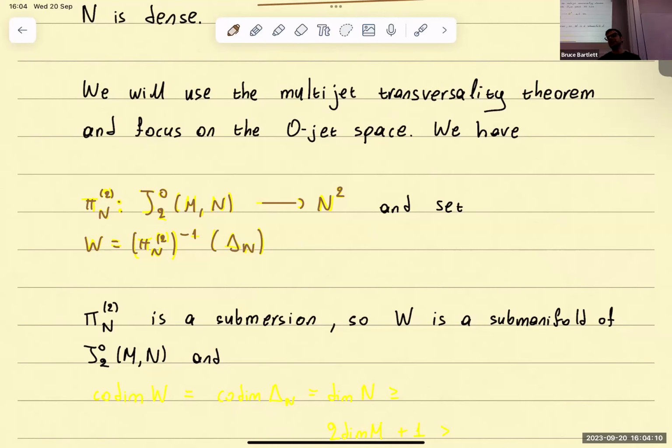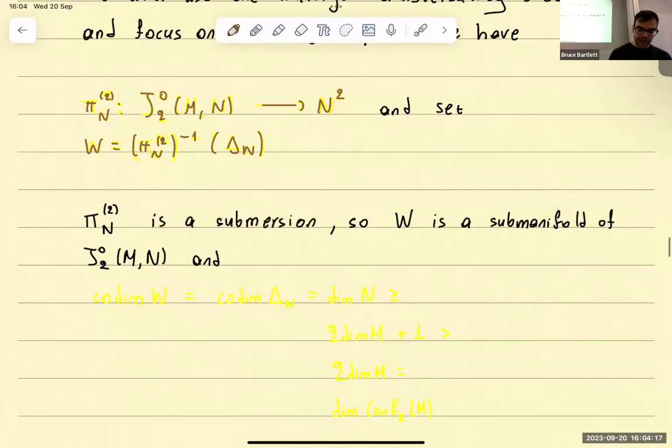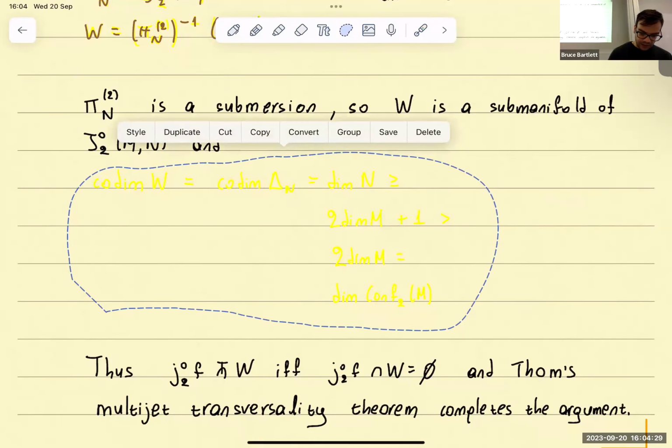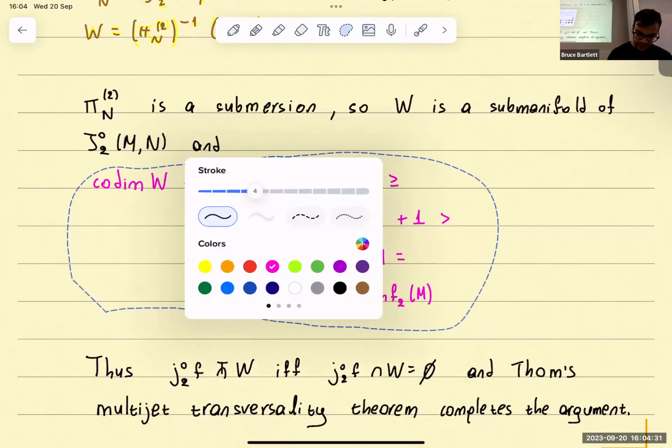So it's basically very similar in flavor to what we did previously. Again, this map here is a submersion, so W is a submanifold. And let's see, maybe instead of writing it down, for the interest of time, I'll make it appear.